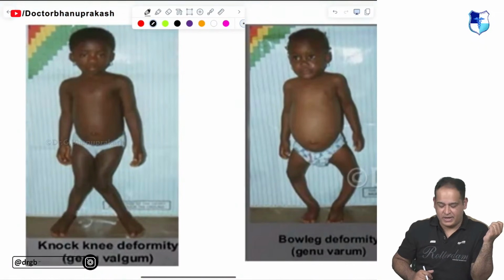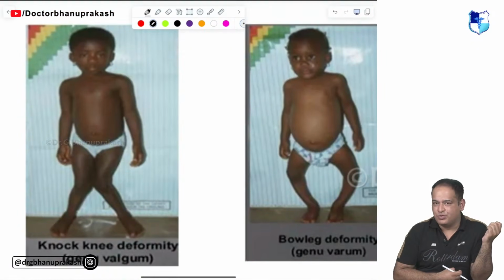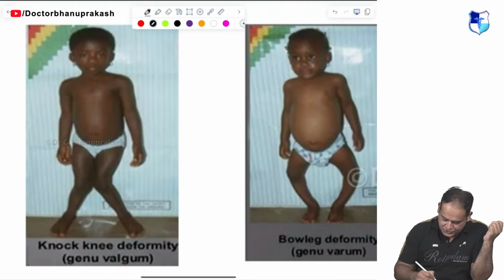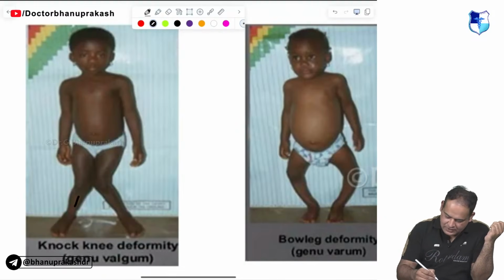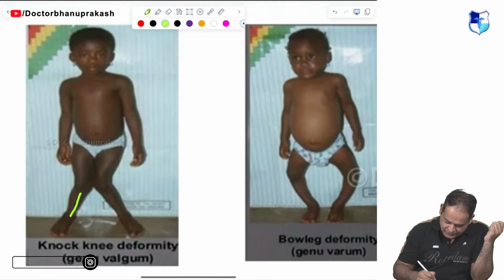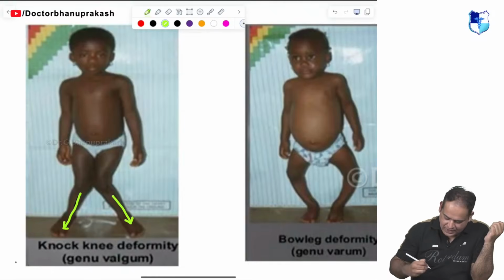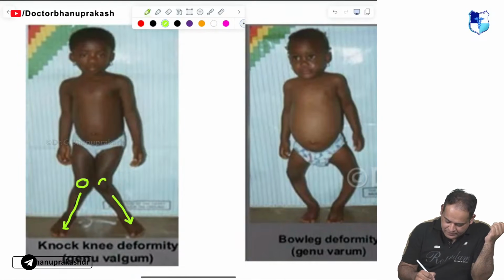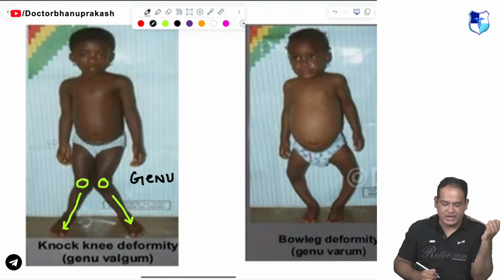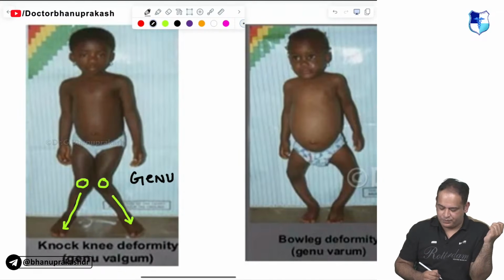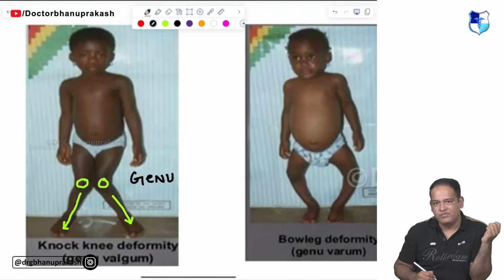For example, you see here. Now this is genu valgum. Why is it genu valgum? Because you see that the feet are going outward. Anything wrong with the knees, the name of the deformity automatically becomes genu. Right? So genu valgum.